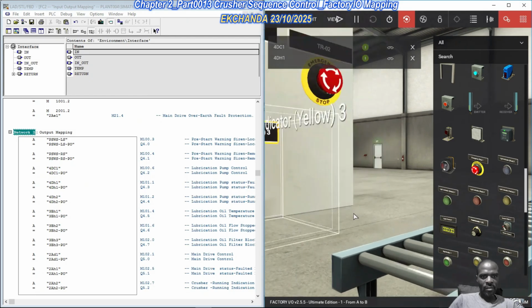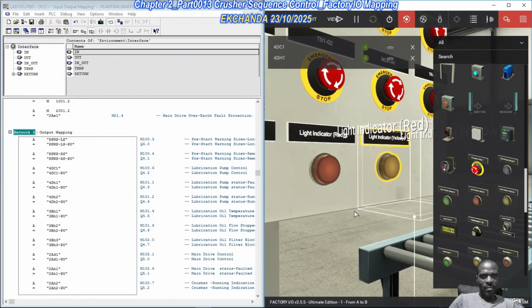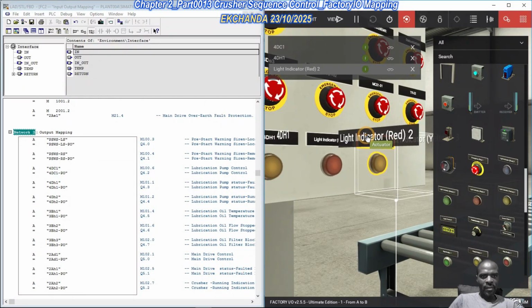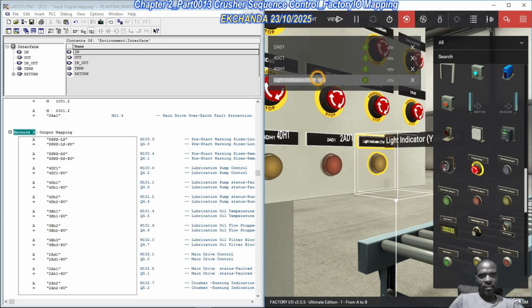So this one is going to be 2AD1, and then this other one is going to be 2AH1, like so.